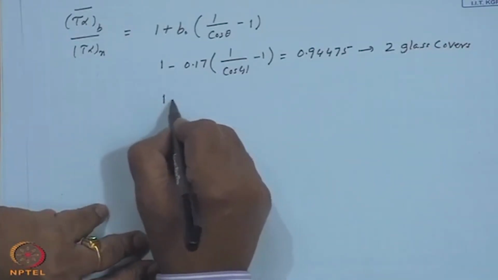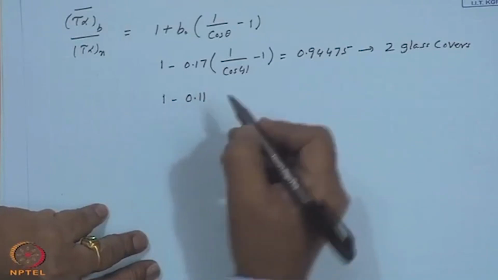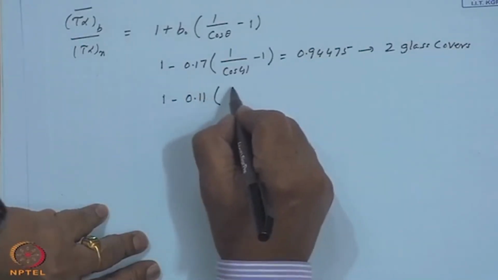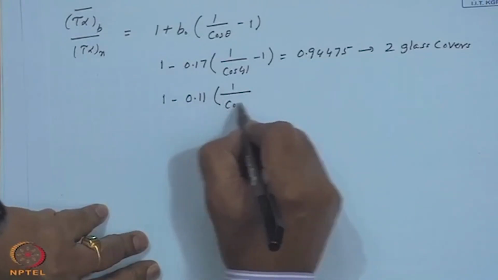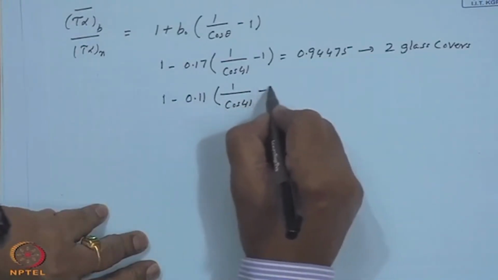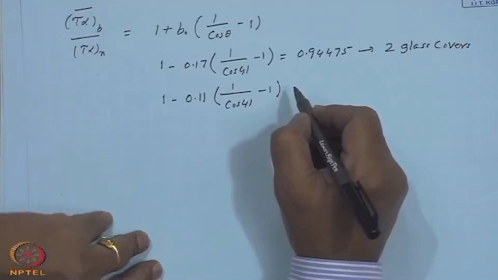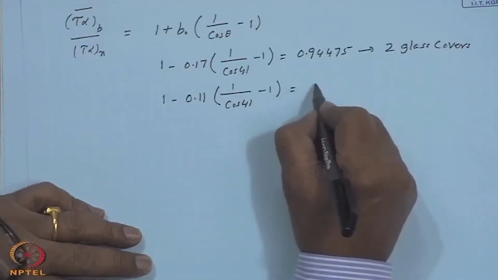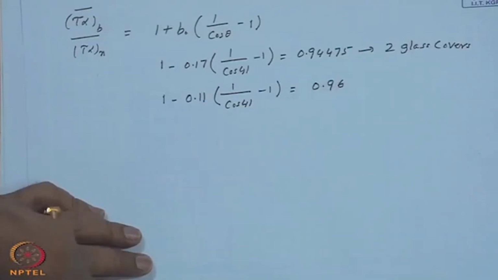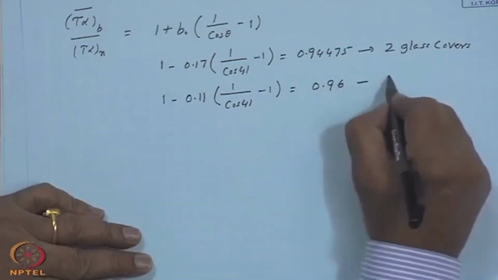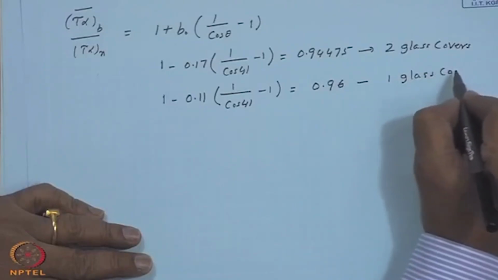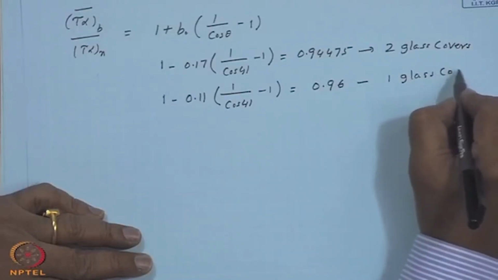And if it is a single glass cover, I use the constant incidence angle modifier coefficient b 0 as 0.11, so 1 minus 0.11 upon 1 upon cos 41 minus 1. This turns out to be 0.96. This is for 1 glass cover. If you recall the tau alpha variation with theta, the 1 glass cover will be a curve above the 2 glass covers curve.